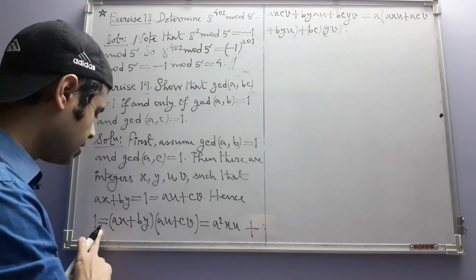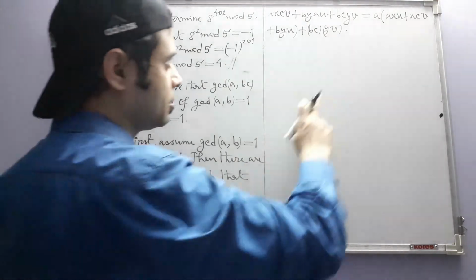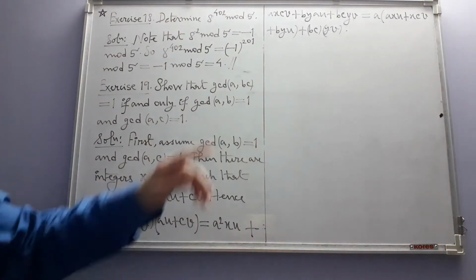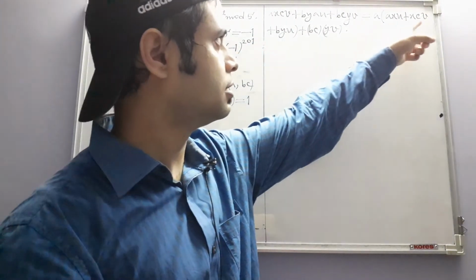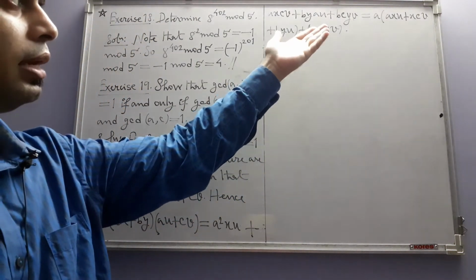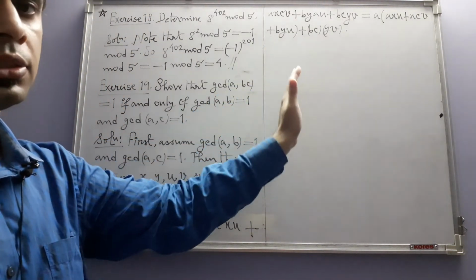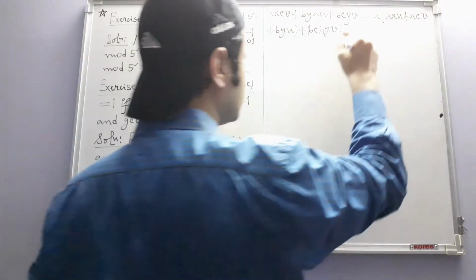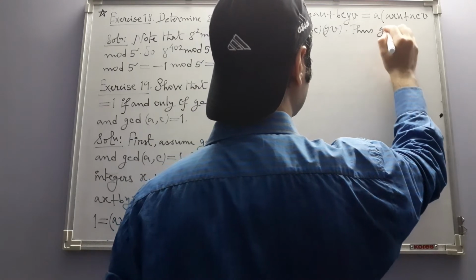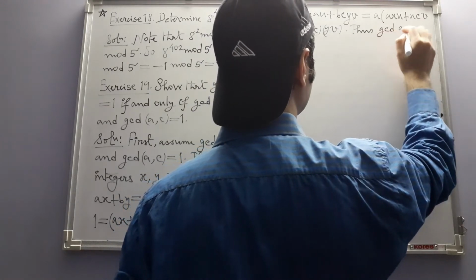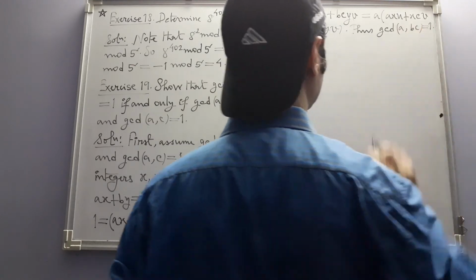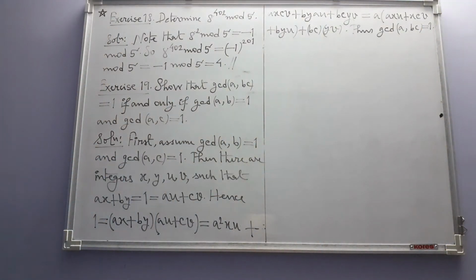So we have been able to express 1 as a linear combination of A and BC with coefficients integers. This is an integer, this yv is also an integer, because a, x, u, c, v, all these things are integers. Thus the GCD of A and BC is equal to 1. Okay.